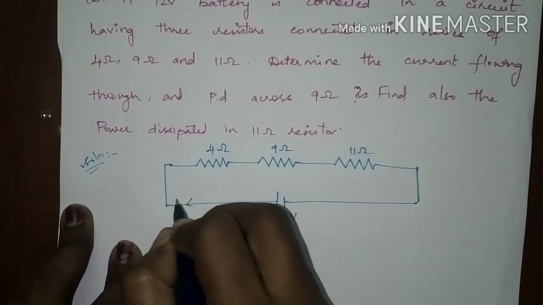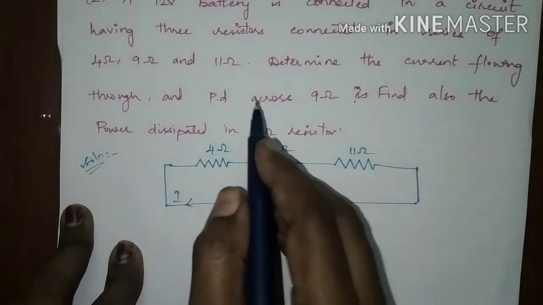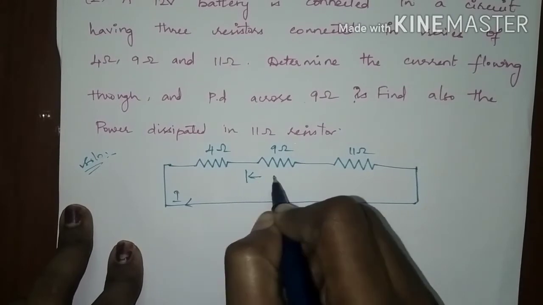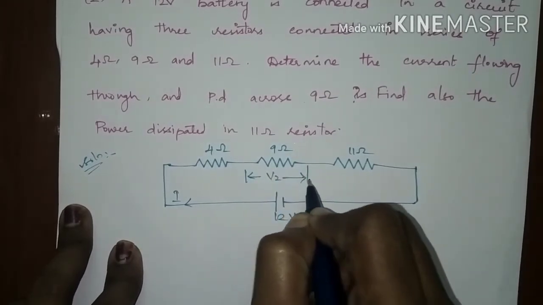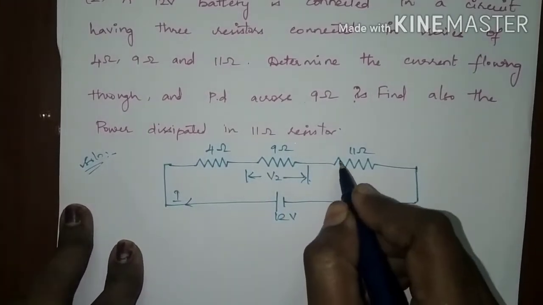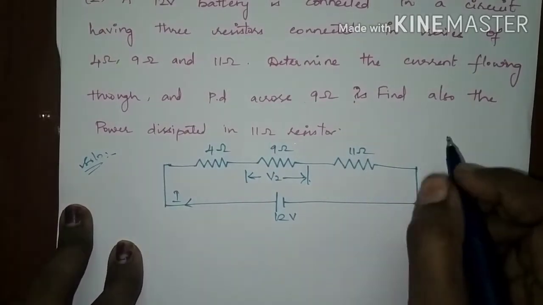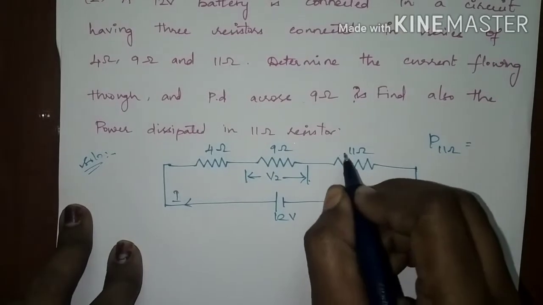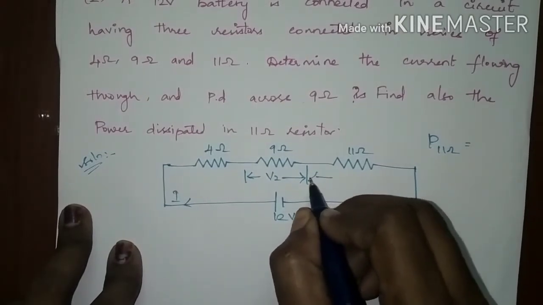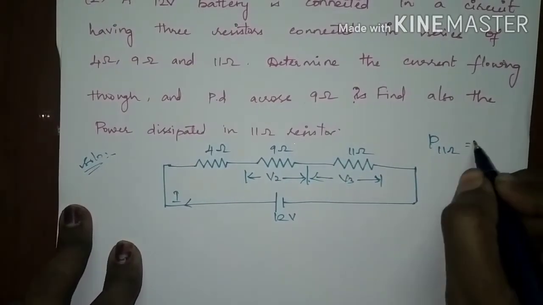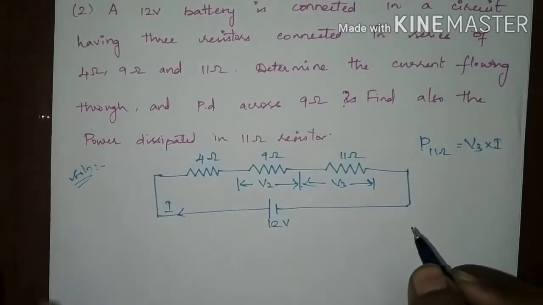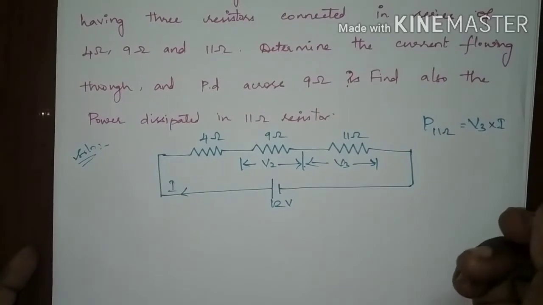We have to find the current flowing through the circuit and they have asked the potential difference across 9 ohms, that is the V2 value, and they have asked the power dissipated in 11 ohms, power across 11 ohms. So, assume this is the third resistor, so the voltage would be V3. Power equation is voltage into current, V3 into current flowing through the circuit. We have to find those values.